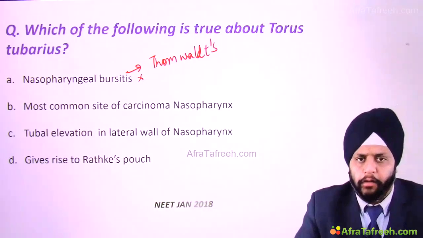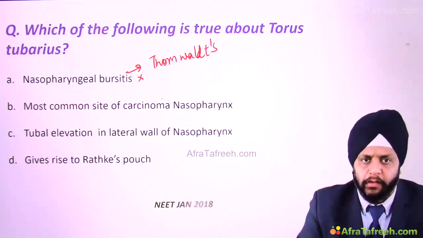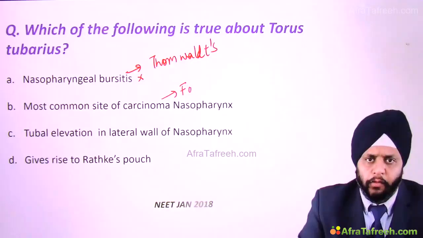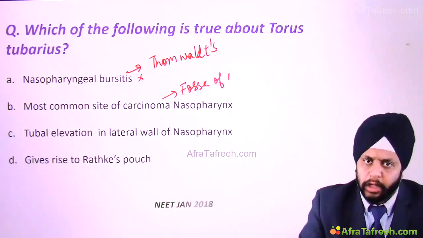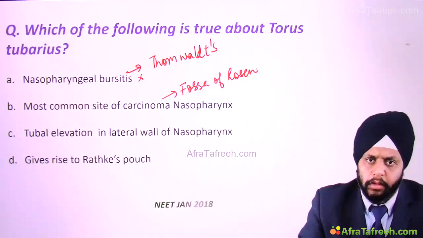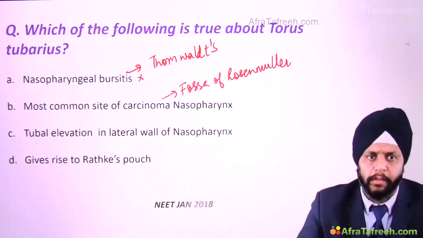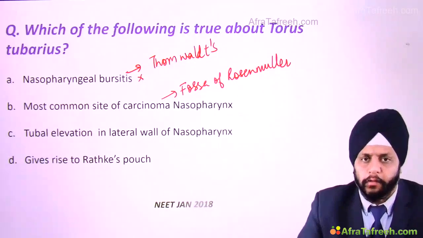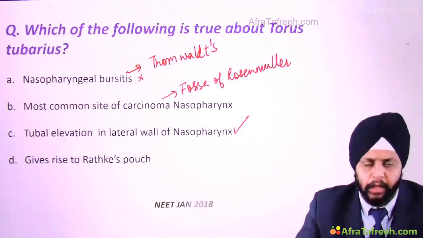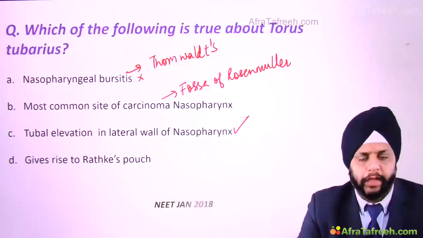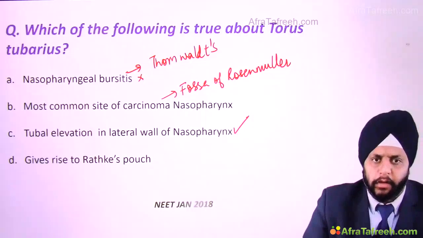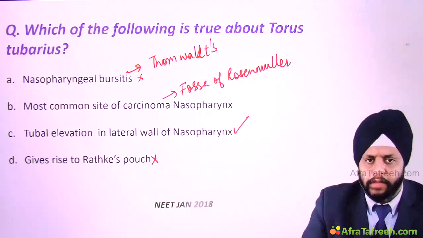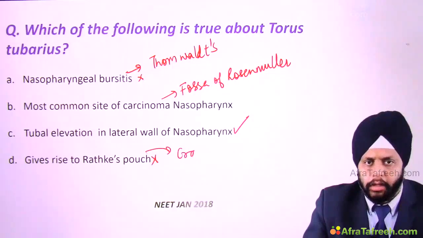Most common site of carcinoma of the nasopharynx, that we know is the fossa of Rosenmuller. That is also not the answer. Tubal elevation in the lateral wall of the nasopharynx, that is the correct answer. Gives rise to Rathke's pouch, that's a wrong answer. Rathke's pouch rather gives rise to craniopharyngioma.